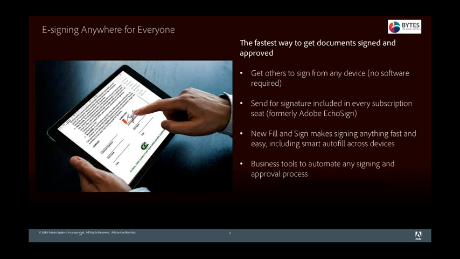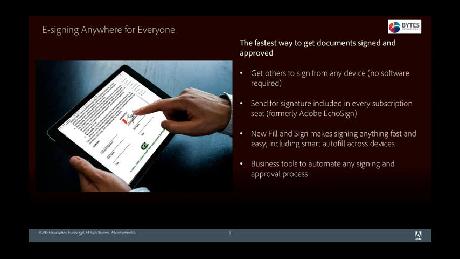E-signing. Previously we had a product offering called EchoSign, and EchoSign has actually been integrated into Acrobat. So every Document Cloud subscription now includes an EchoSign individual subscription to allow people to get documents signed anywhere.